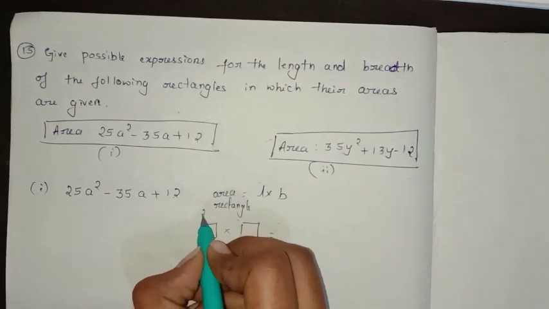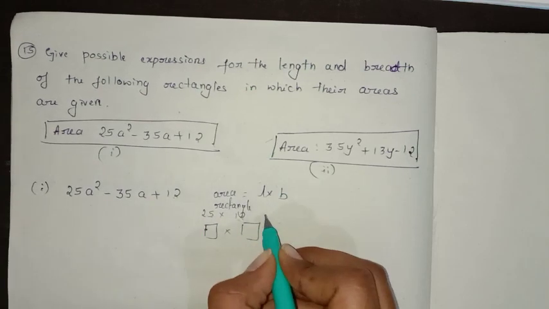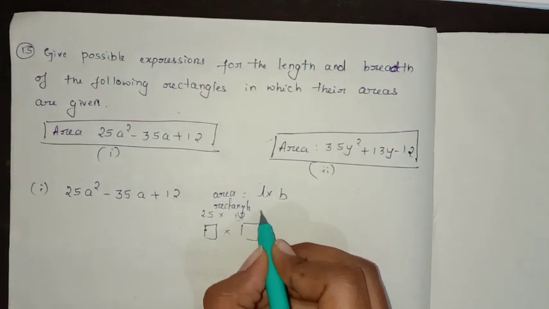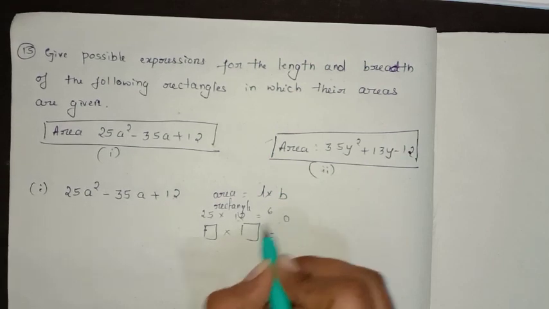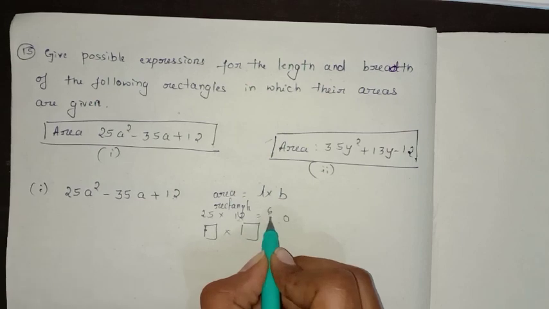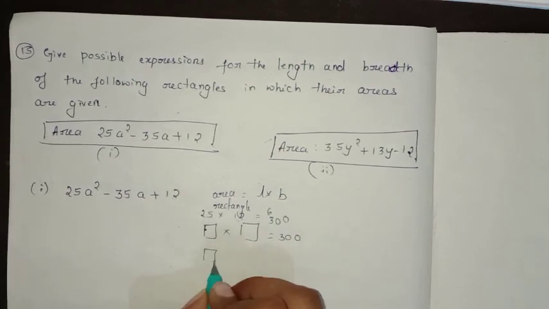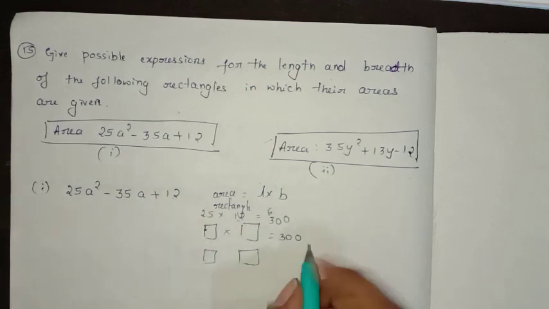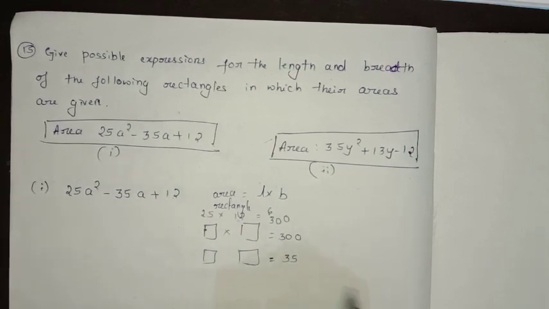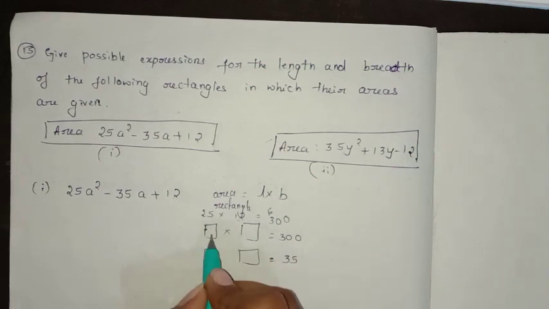That is 25 into 12. 12 fives are 60, so 0 and carry over 6, and 12 twos are 24, 24 and 6 is 30, so that is 300. You should get the product as 300. If you add or subtract the two terms, you should get 35 here. Let us consider 25 and 12.